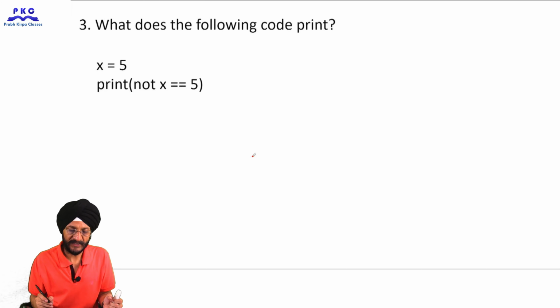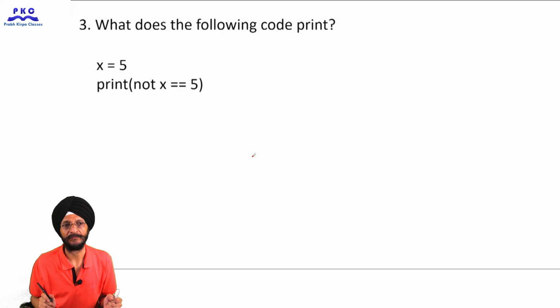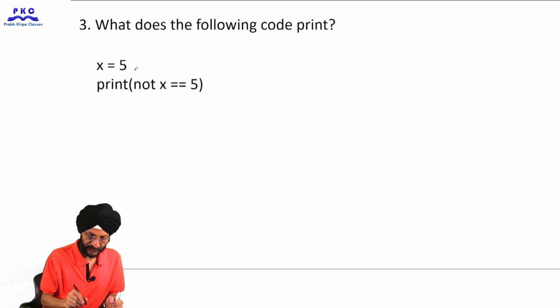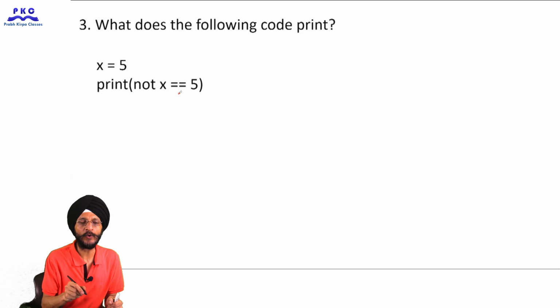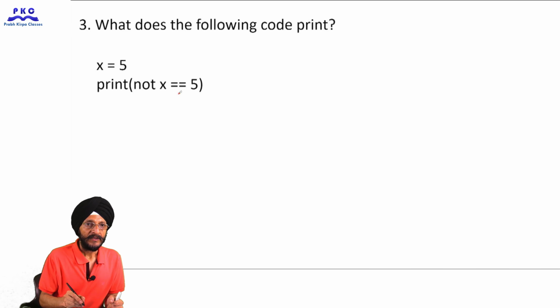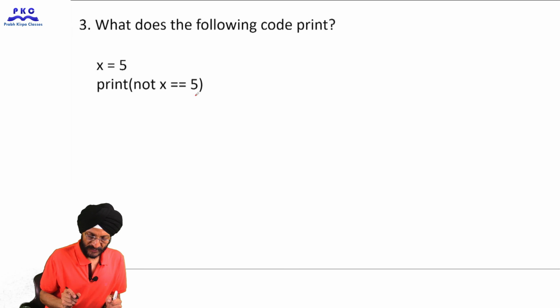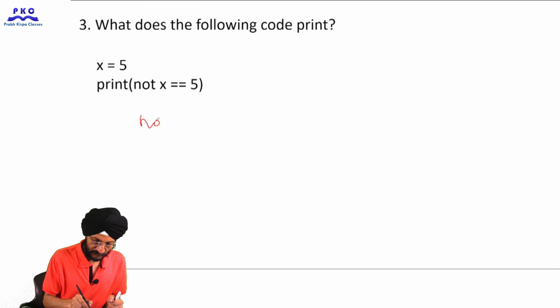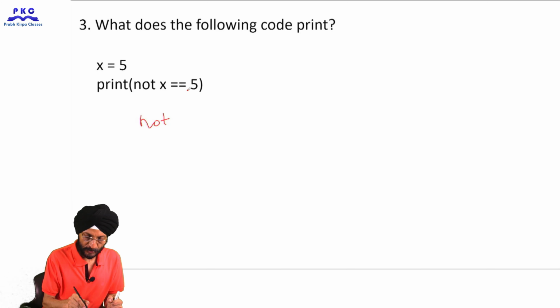Next is, what does the following code print? x is equal to 5. Print not x is equal to equals 5. Here, not x is equal to 5.